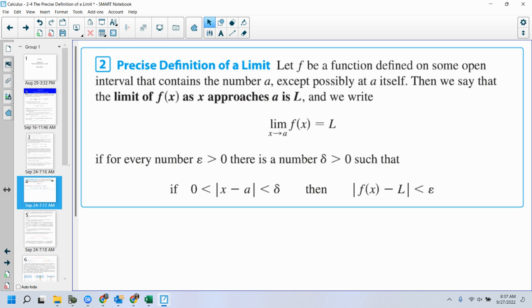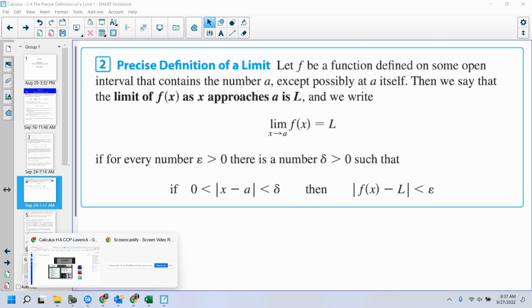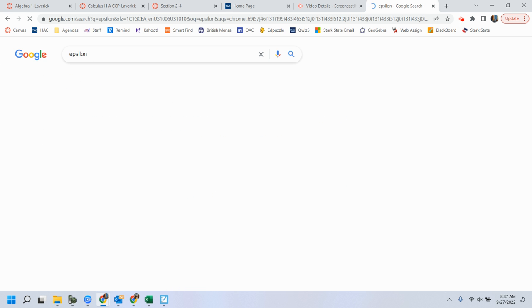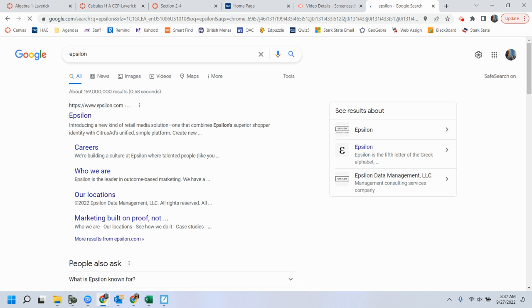We're saying that if we choose, and this again is this curvy looking e, it's called epsilon. It's the lowercase epsilon. Let me look up the Greek letter epsilon.